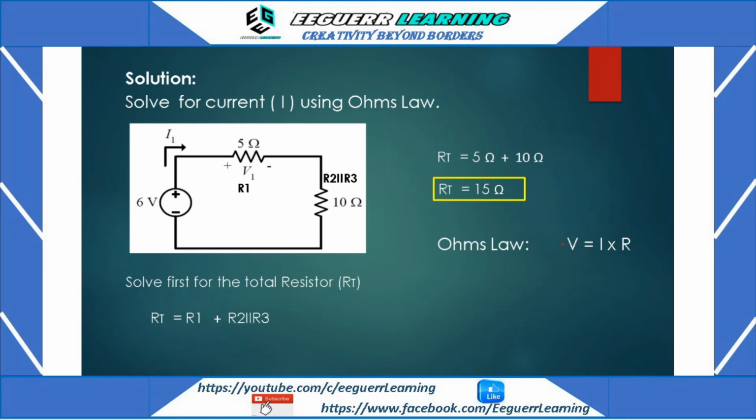V is equal to I times R, the voltage equals the current times the resistance. Okay, so here V, total voltage, is given because we have the total voltage source here of 6 volts.